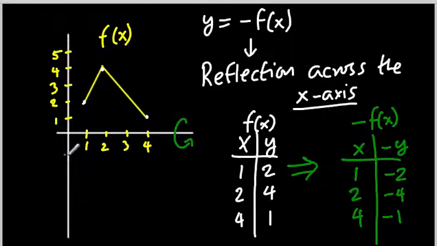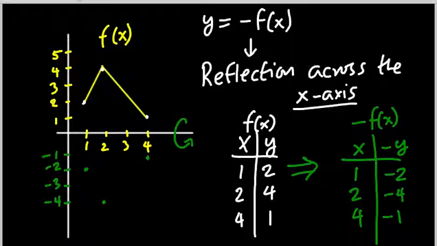So let me just make these 1, 2, 3, 4. So this point is -1, -2, -3, -4. So let's look at the coordinates. (1, -2) is right here. (2, -4) would be right here, and (4, -1) would be right there.